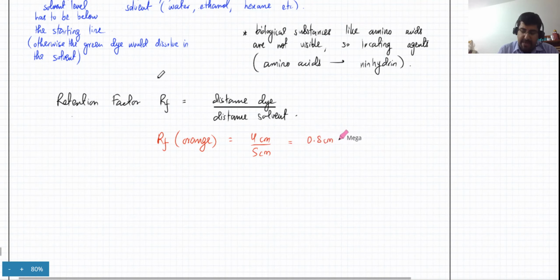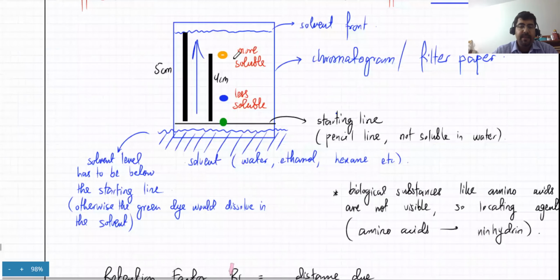And similarly, we can calculate the RF value for the other dye, which over here is the blue one. So I'm going to rub this orange one, and we are going to do it for the blue one now.